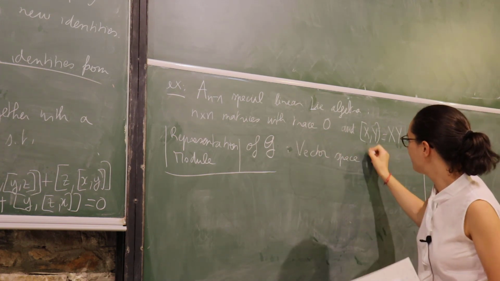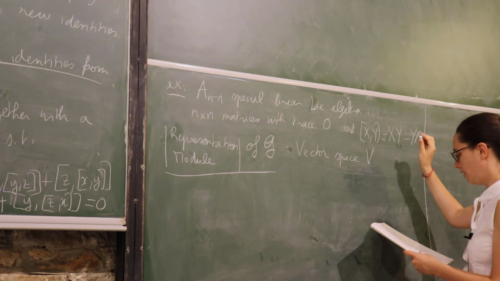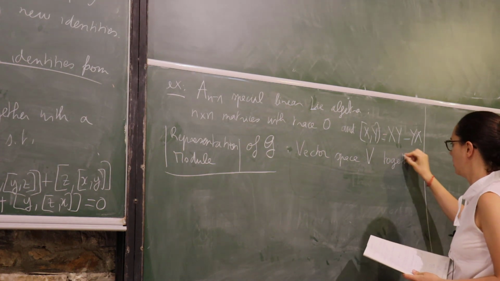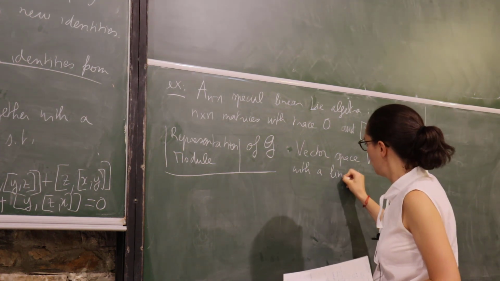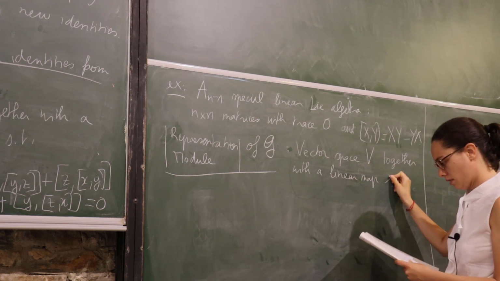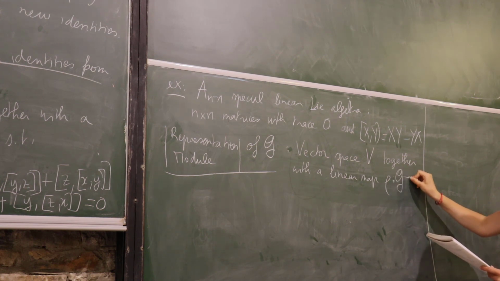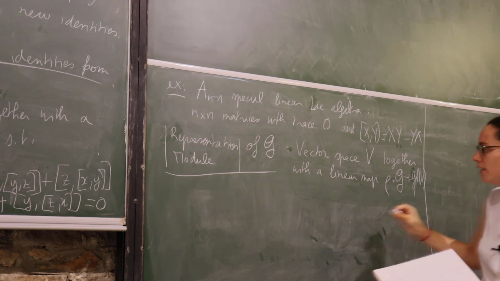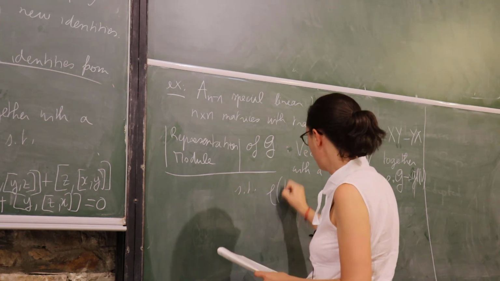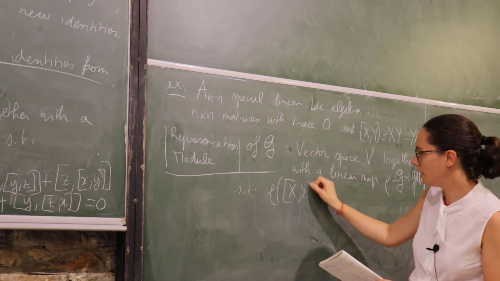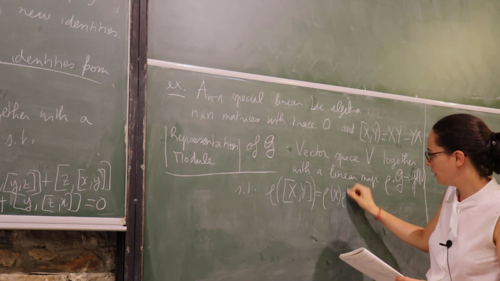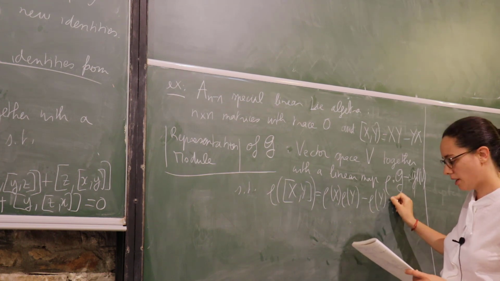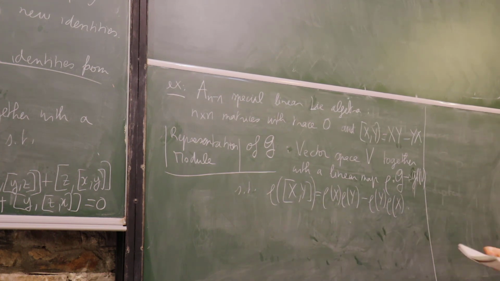So a vector space V together with a linear map this time, which I call rho, from G to GL of V, such that rho of the bracket of xy is equal to rho of x, rho of y, minus rho of y, rho of x.